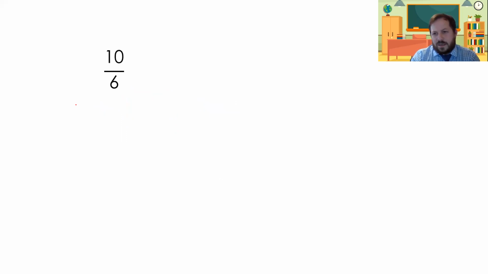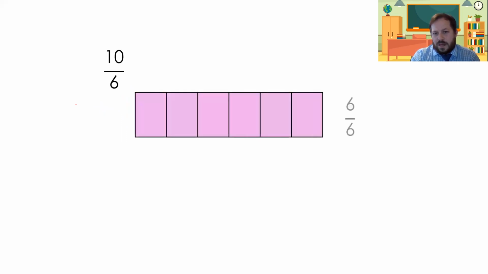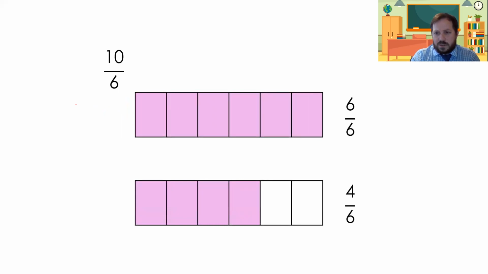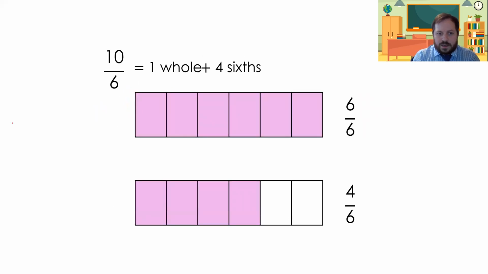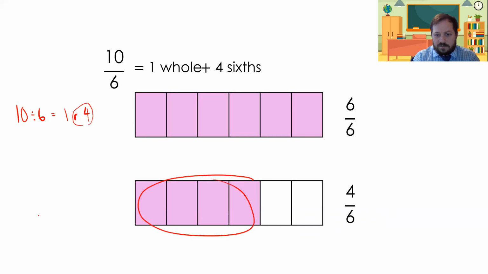How about 10 sixths? There's 6 sixths and there's 4 sixths. So it equals 1 whole one and 4 sixths. Now let's think about that in terms of our division. 10 divided by 6. How many whole sixths can I fit in? I can fit in 1 with the remainder 4. That remainder 4 are these 4 sixths that are left over.